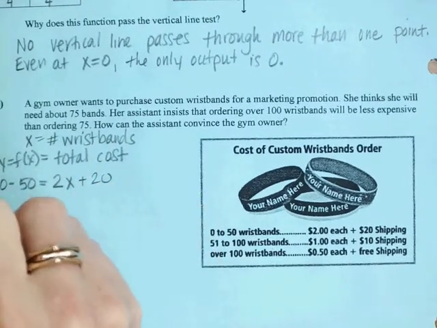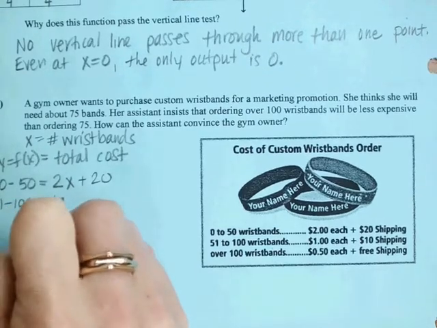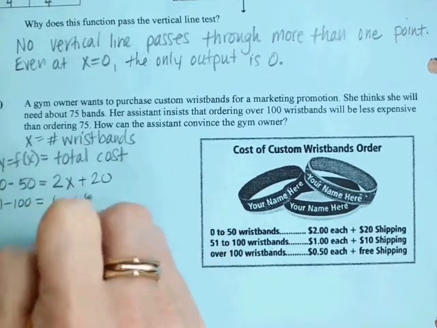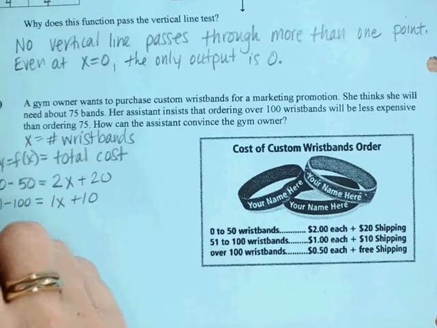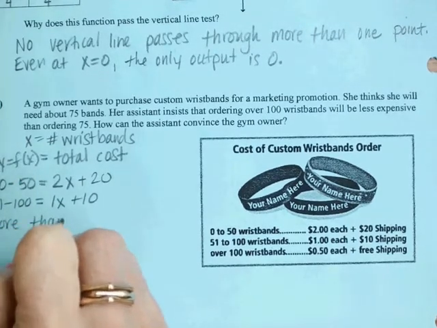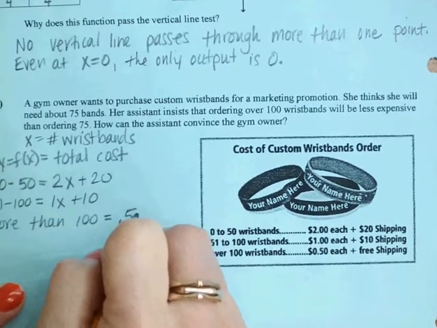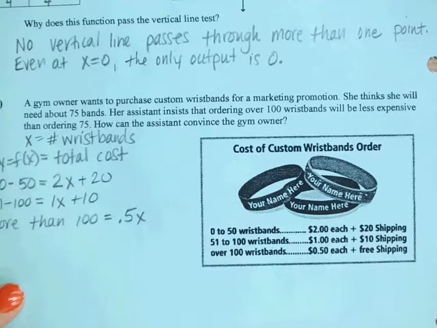If we order 51 to 100 wristbands, it's going to be $1 per wristband plus the $10 shipping. And then if it's more than 100, it's going to be 50 cents for each one, and then we don't have to worry about shipping.